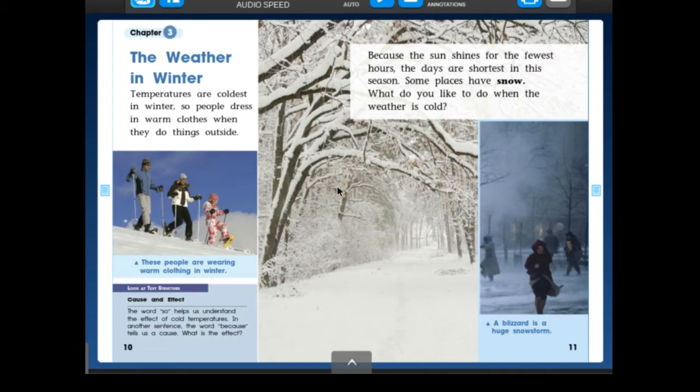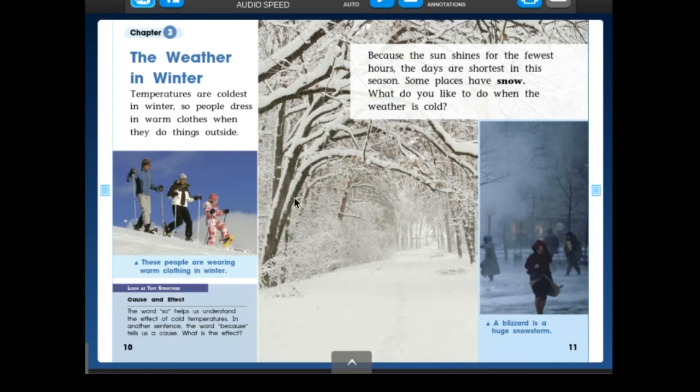Did you hear it? They said, so. People wear warm clothes when they do things outside. Why? That's right, because the temperatures are coldest in winter. It's gotten very, very cold, so people wear warm clothes when they're outside.